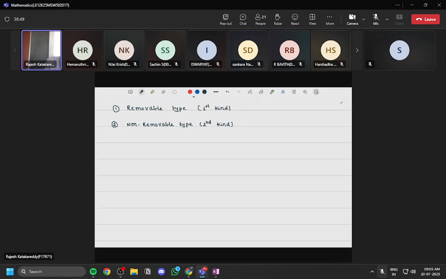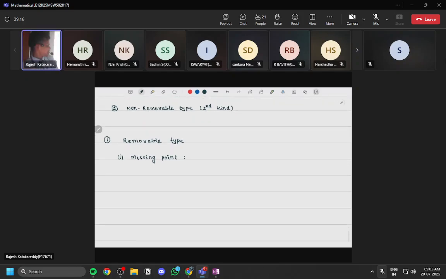So in removable type, missing point is the first one. Missing point means, please write there, limit at a exists, but f of a does not exist.